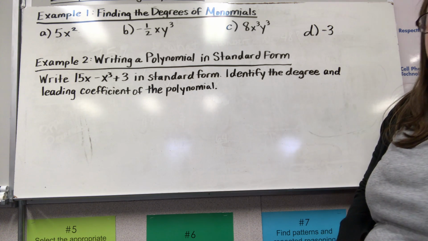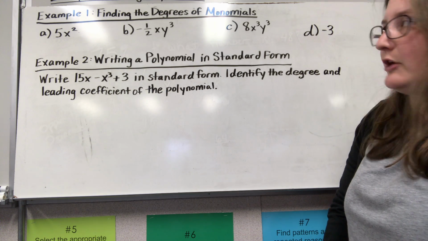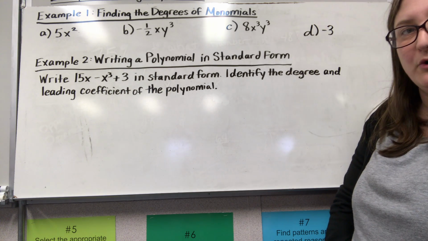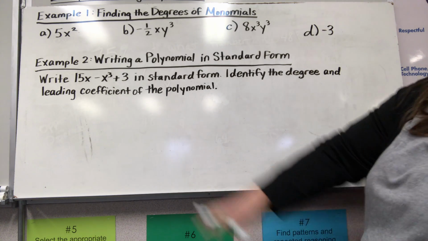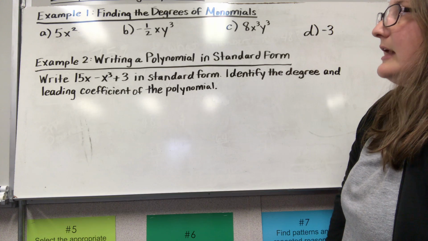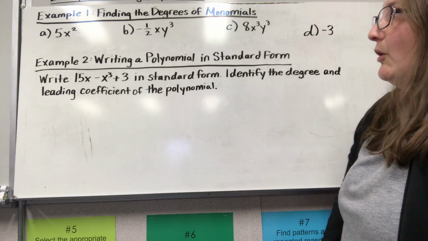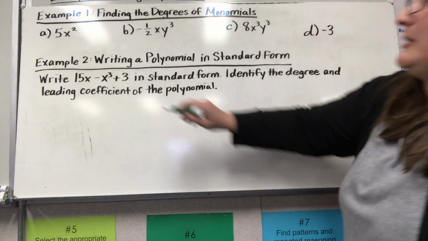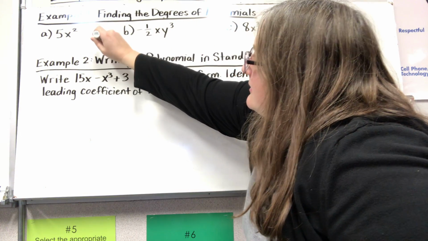Remember, only the variables count towards our degrees when we're talking about a monomial. In this case, 5 is a constant, doesn't count at all. I have one variable x, and it's to the 2nd power. It's the only variable, so the degree of this monomial is 2.